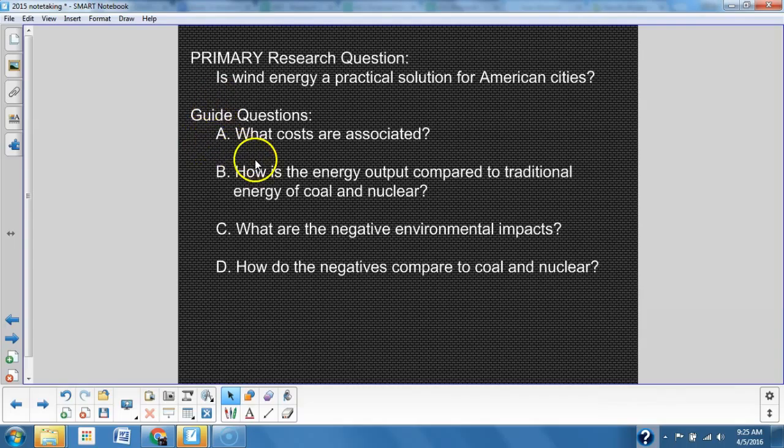For example, what costs are associated with wind energy? Well, if I'm trying to answer whether it's a practical solution for our energy in America, I need to know how much things cost. So I will get things like how much the land will cost, how much the materials of a windmill will cost, maintenance cost, replacement costs, things like that.